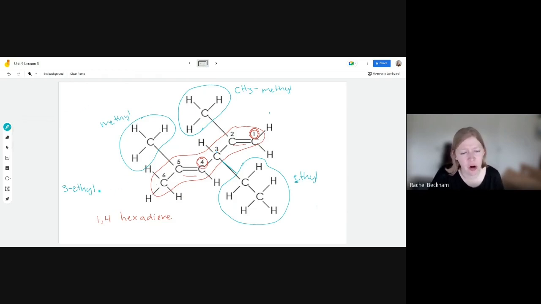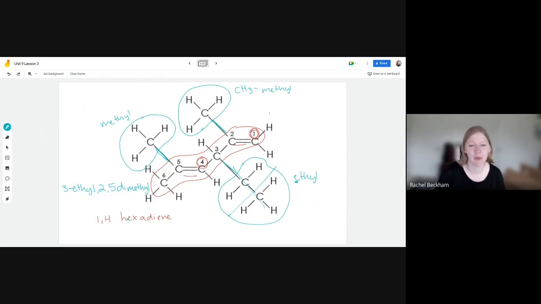One is coming off of carbon 2 and one is coming off of carbon 5. Okay. And there are 2 methyl groups. This is a long name here. So 3-ethyl is naming this part right here. 2,5 is showing you where we're talking about here. And then they're both methyl. And so we say di for 2: 2,5-dimethyl.